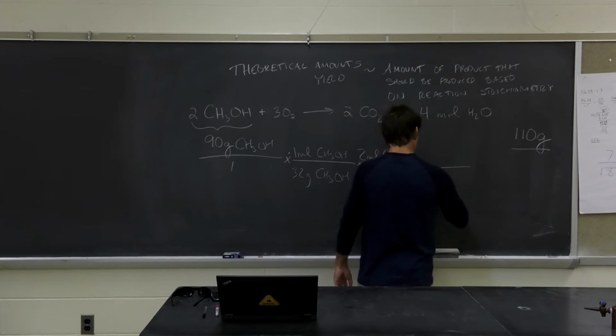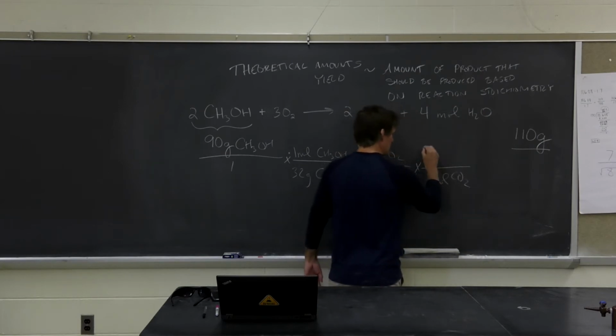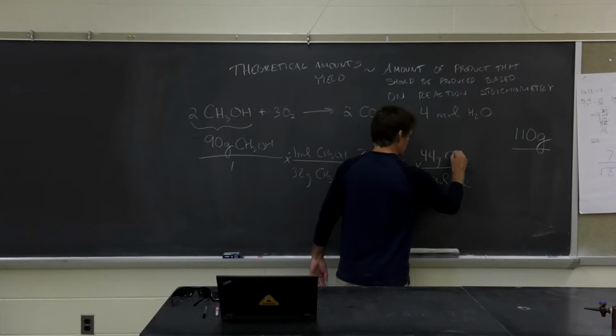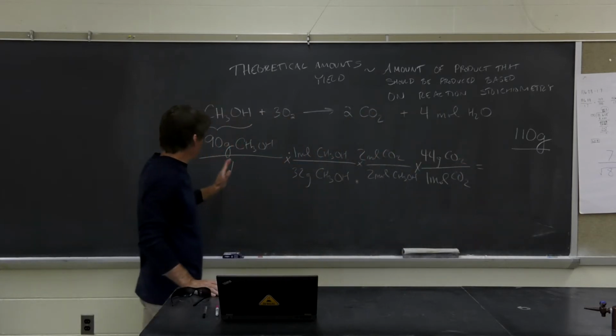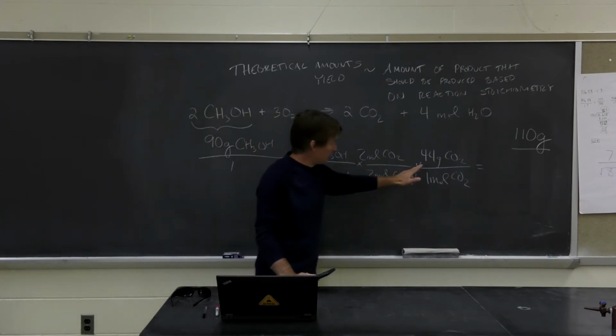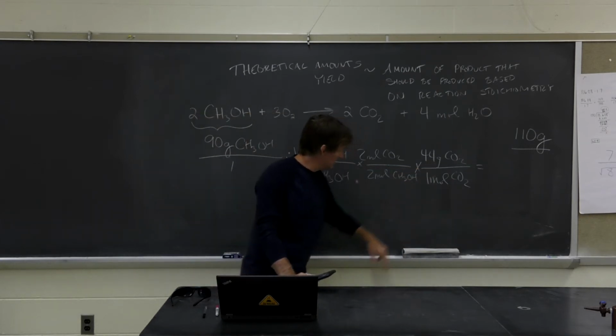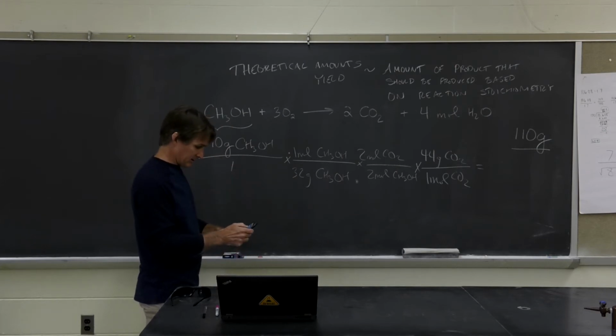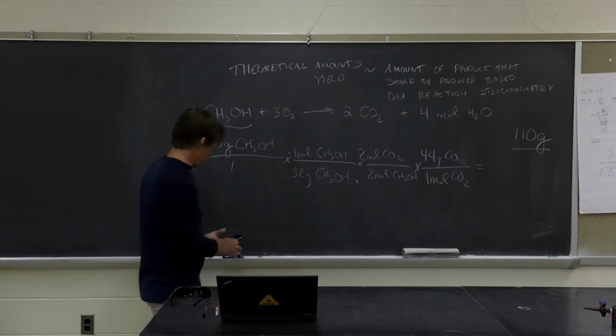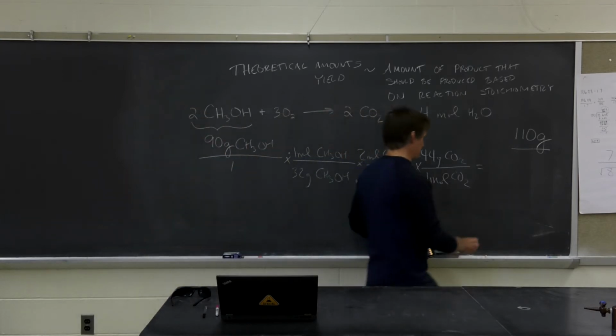So 1 mole of CO2 is 44 grams of CO2. What I'm doing here is calculating the amount of carbon dioxide that should theoretically be produced if I completely burn 90 grams of this stuff. 90 divided by 32 times 2 divided by 2 times 44 is 124. I rounded up.